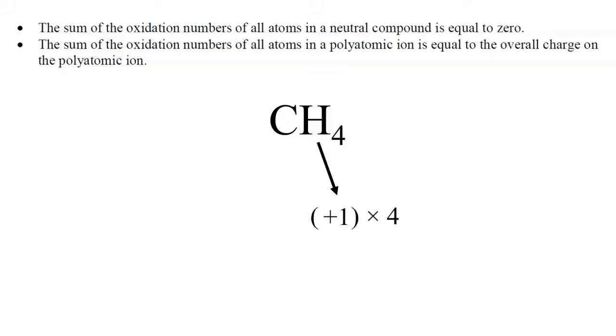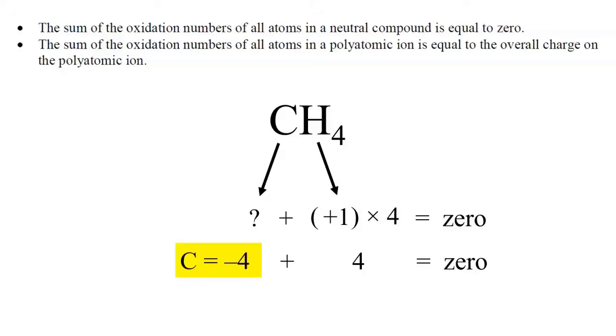We have 4 hydrogen atoms in this compound. The oxidation number of the carbon is unknown, but when I add them together, it should equal 0. So +1 times 4 is 4. Therefore, the carbon has an oxidation number of -4, so that when I add these two numbers together, I get 0.